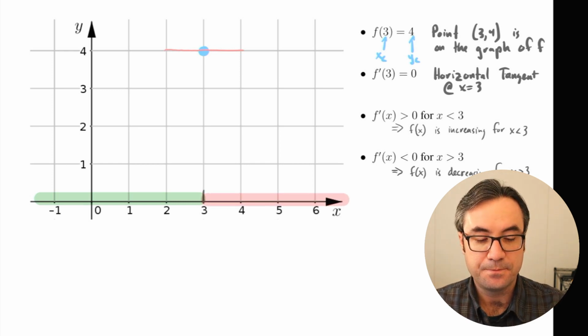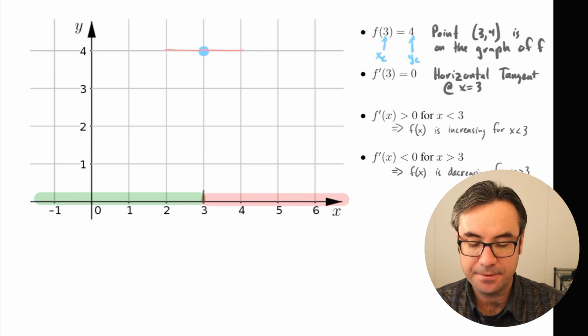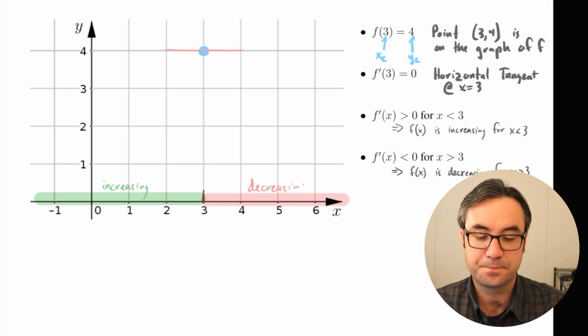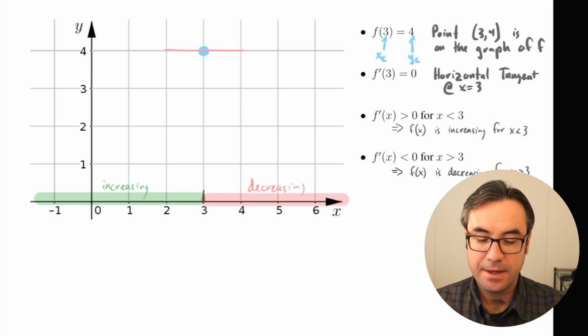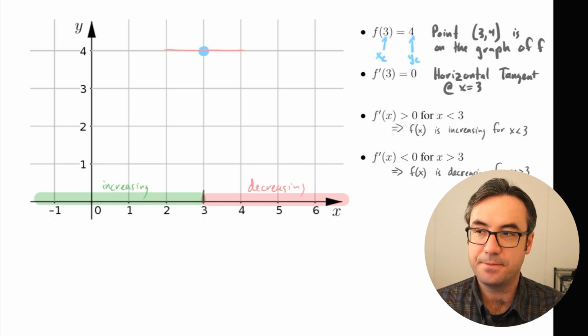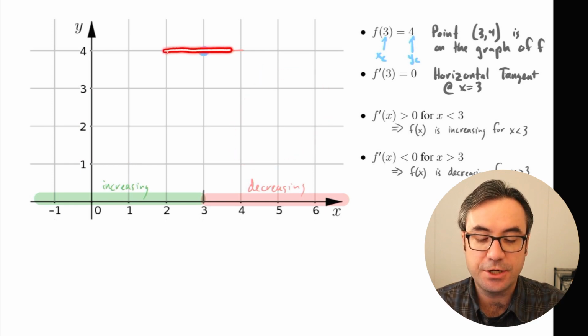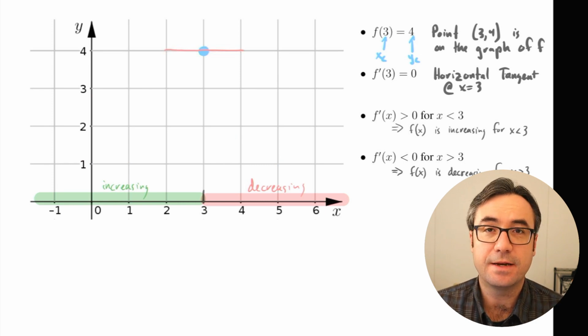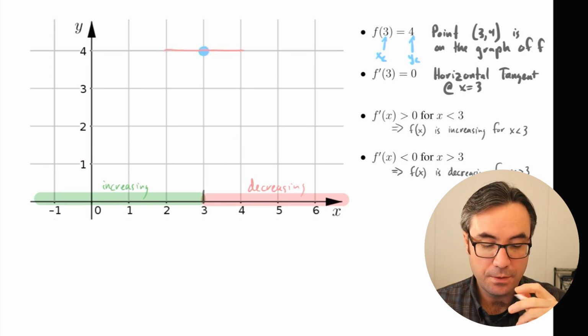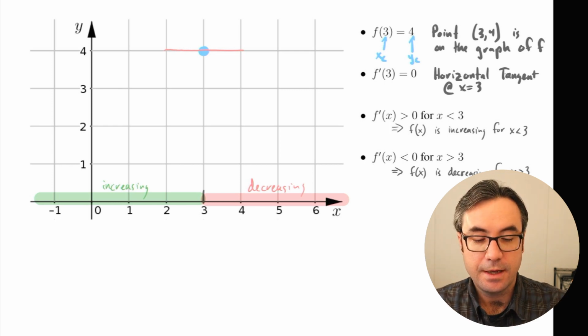And so what we found is that on that left side, our function is increasing, and on the other side, our function is going to be decreasing. On this left side, our function has to be moving up. On this right side, our function has to be moving down. And where it changes over, our graph has to flatten out temporarily. And so how this would have to look is something like this.